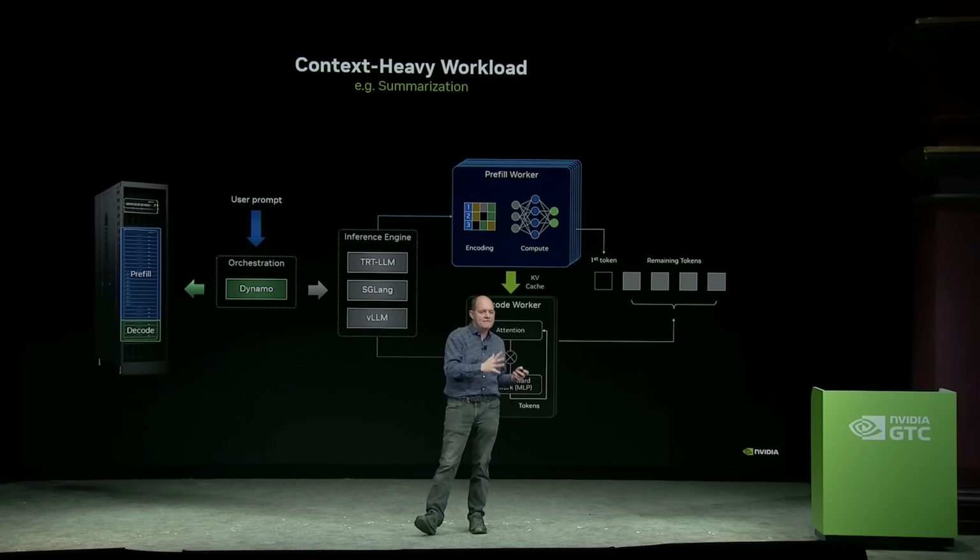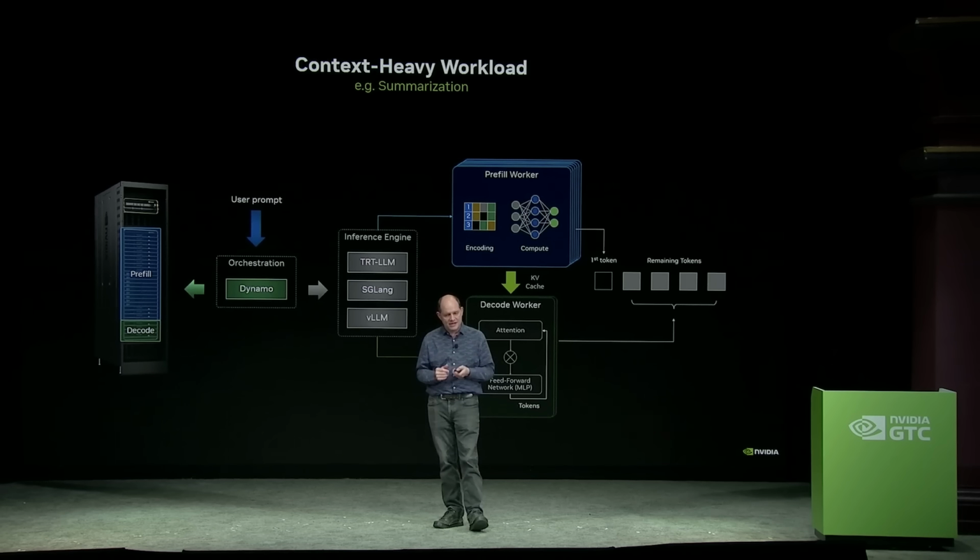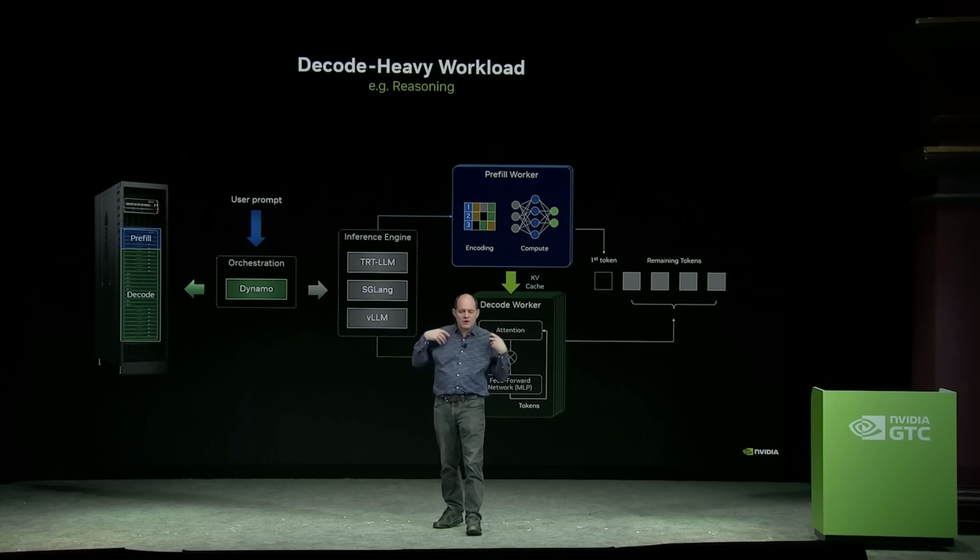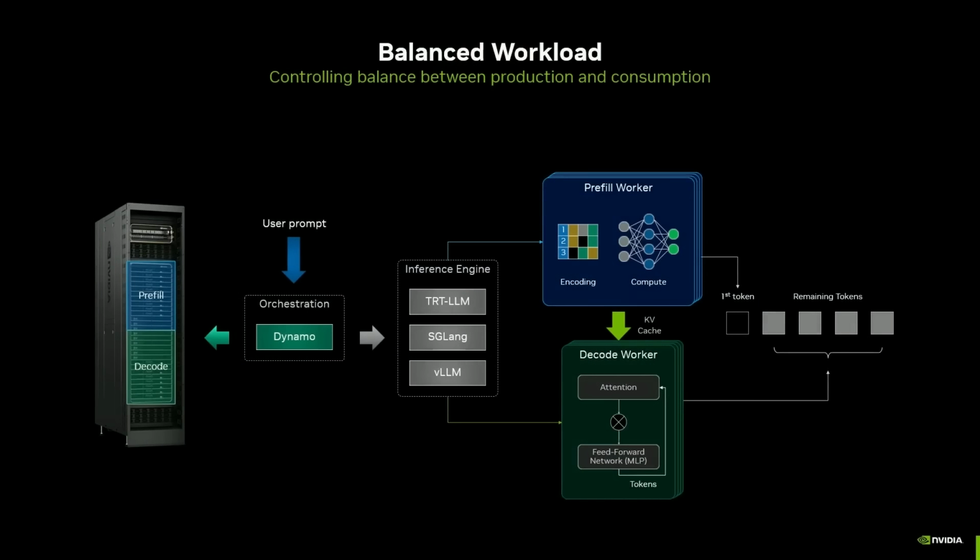I'm going to be very heavy on that pre-fill section, the blue section. But if instead I'm reasoning and generating tokens and feeding them back into itself, I'm going to want token generation prioritized. And so what you end up with is very careful dynamic control, very problem-specific, even dynamic within a problem, to control that balance between production and consumption. The goal is to not starve any component, so that everything is moving at full tilt all of the time.